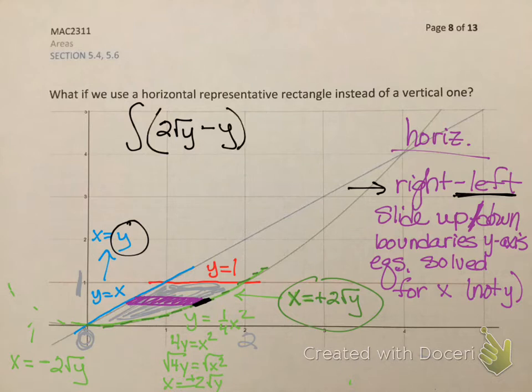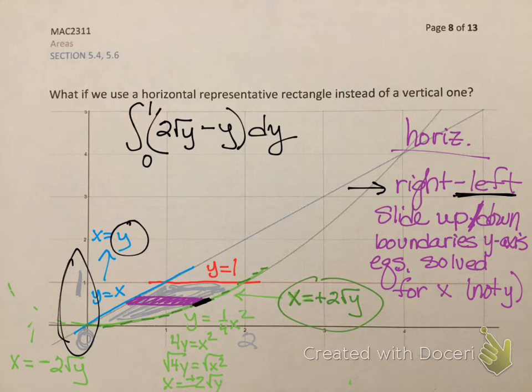Now guys, don't stick a dx here. You're not integrating with respect to x when you have a horizontal representative rectangle. You are integrating with respect to y. Your boundaries come from the y-axis, so from 0 to 1.